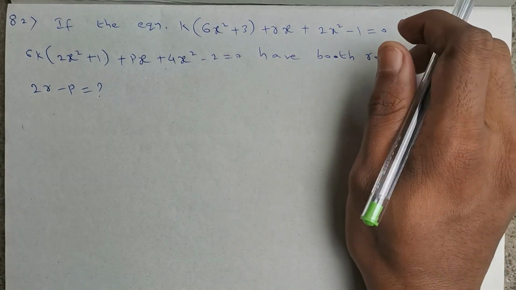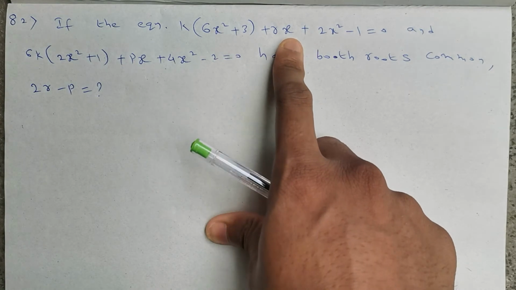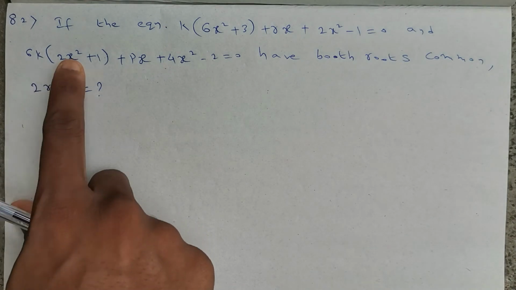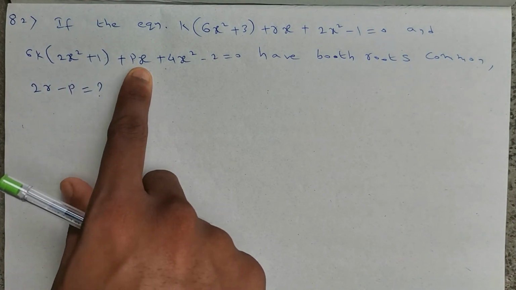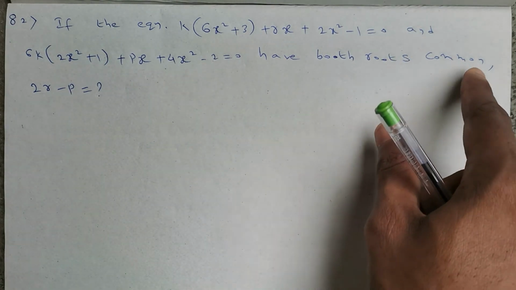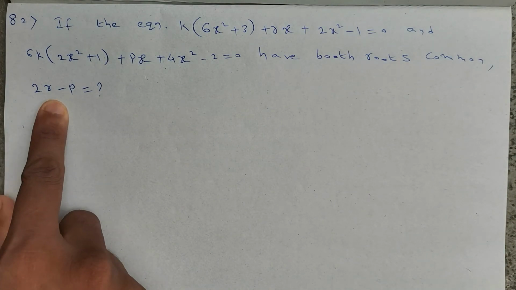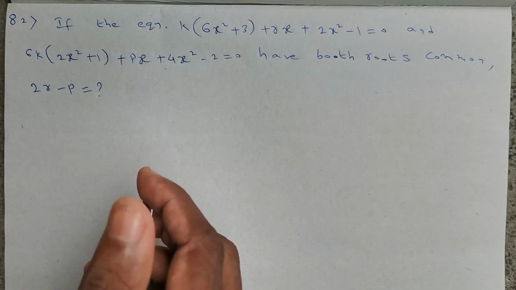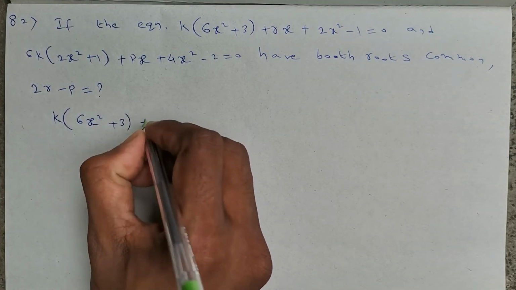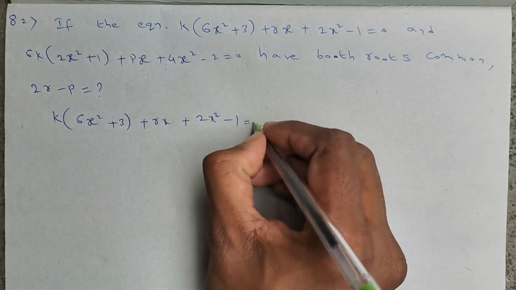Okay, the next question is, if the equations k into 6x square plus 3 plus rx plus 2x square minus 1 is equal to 0 and 6k into 2x square plus 1 plus px plus 4x square minus 2 is equal to 0 have both roots common, then find the value of 2r minus p. So first equation I am taking, that is k into 6x square plus 3 plus rx plus 2x square minus 1 is equal to 0.